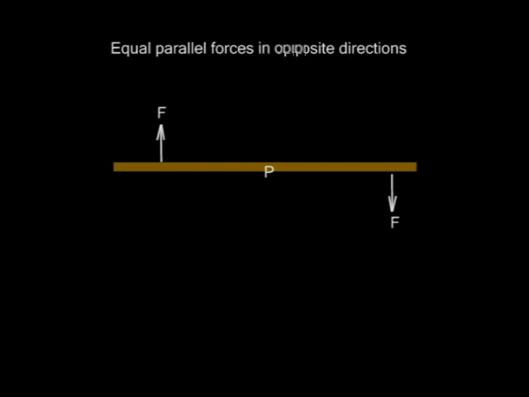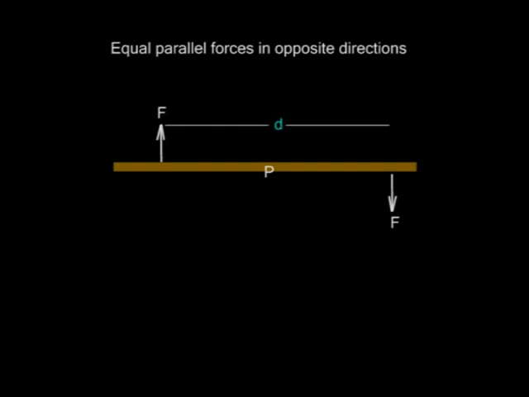Now, if the perpendicular distance between them is D, then the turning effect will be calculated. Moments about a point P, any point P, and then say that P is L meters from one of the forces. So the moment due to that force is equal to force times distance, L. Alright?